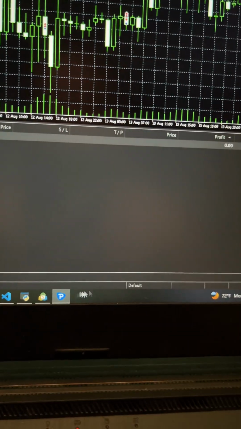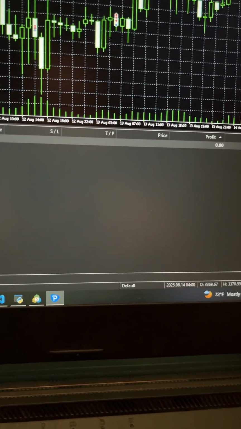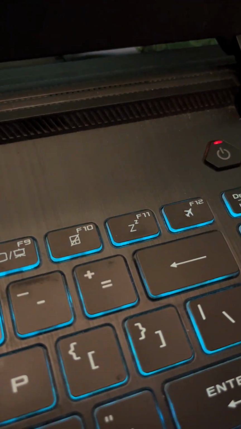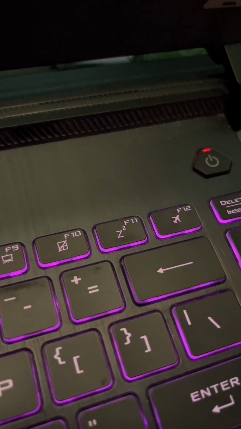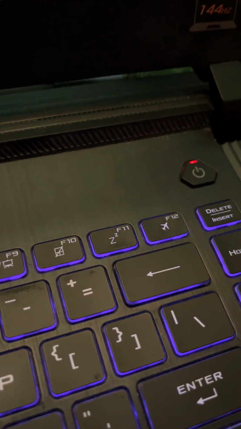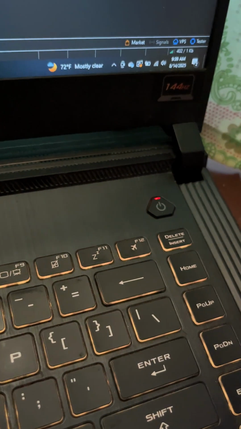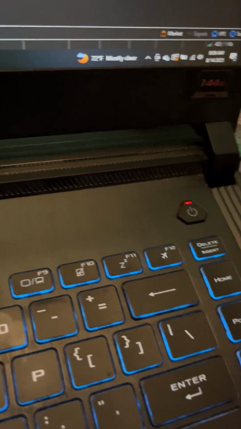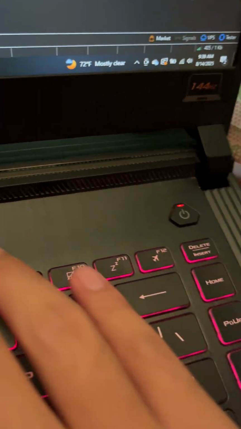Let me give you a simple and quick look here. Okay, I am setting my tier. Wait, let me set 6.